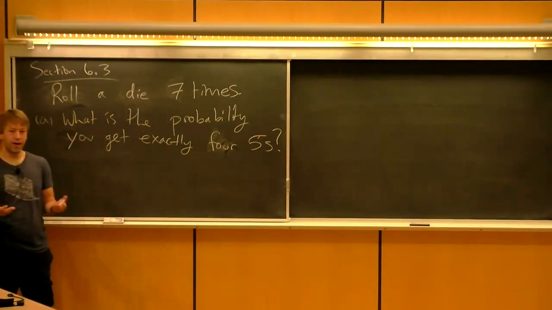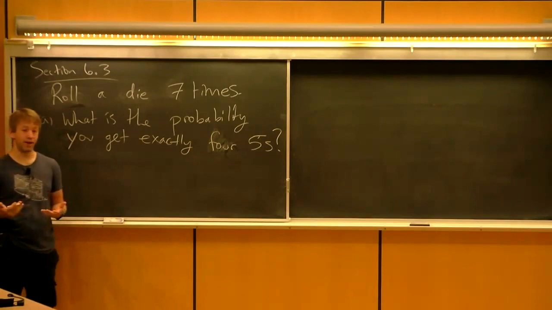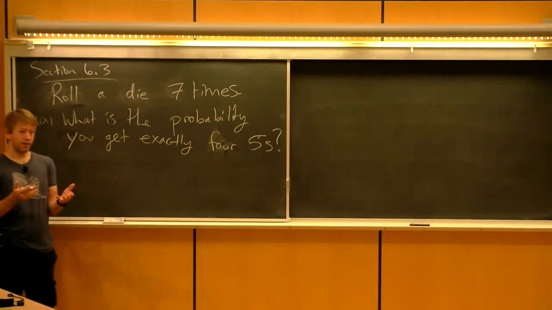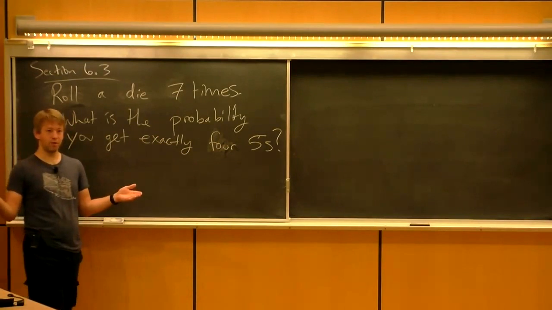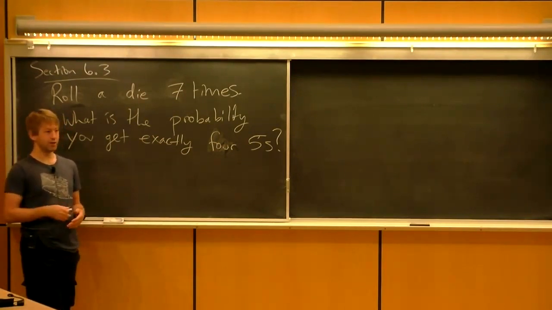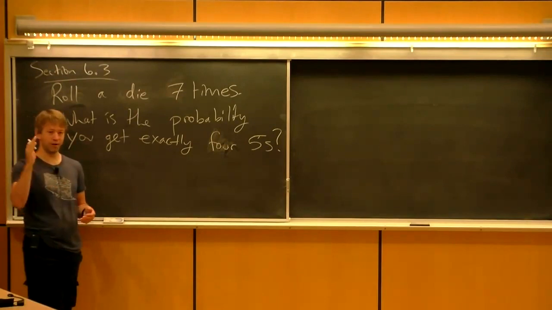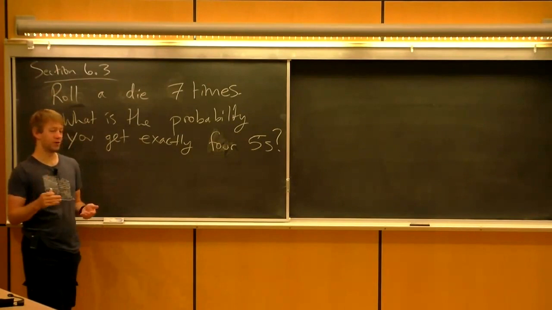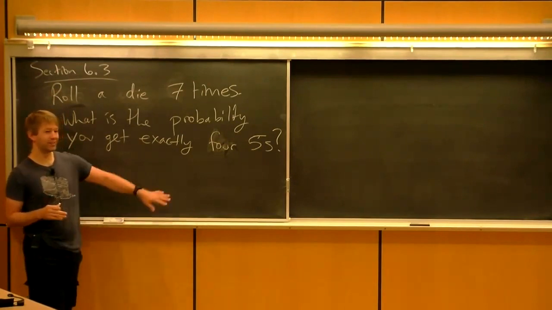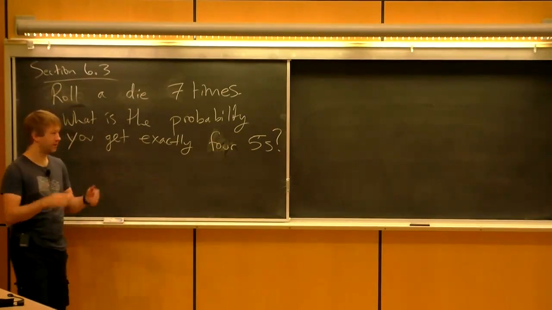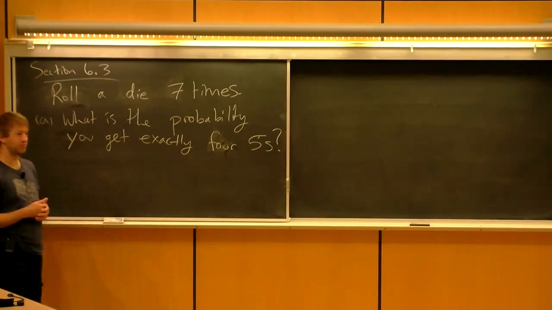So if I roll a die 7 times, every sequence of possible outcomes is equally likely, right? So it's equally likely if I get 1, 1, 1, 1, 1, 1, 1, or 2, 3, 7, or there aren't any 7s on a die, 2, 3, 5, 1, 2, 2, 3, or whatever.